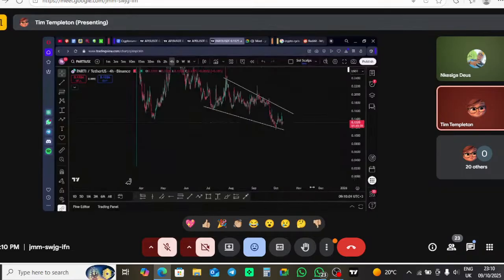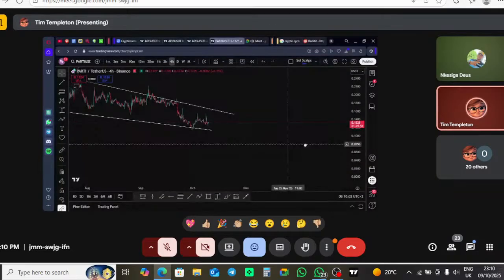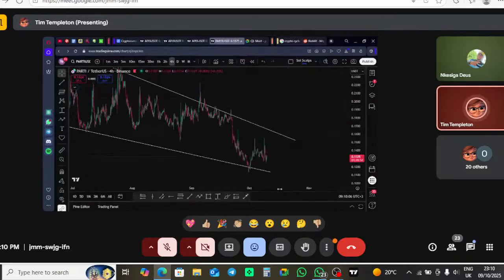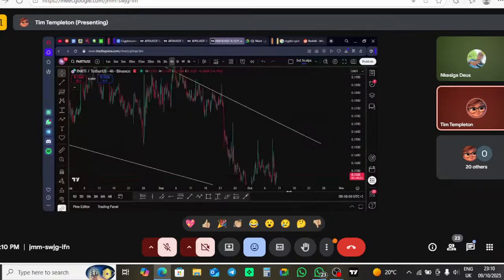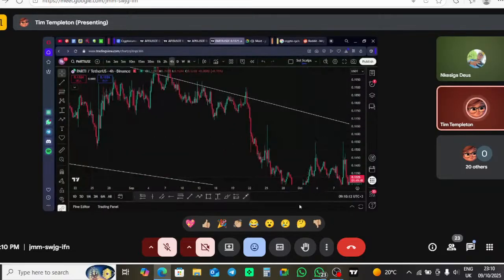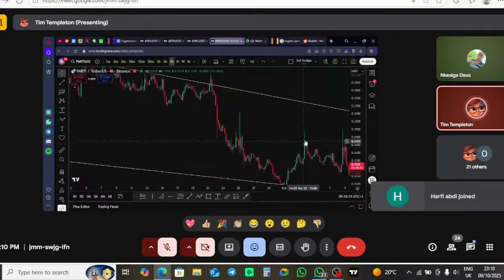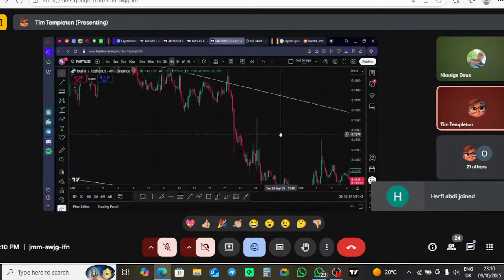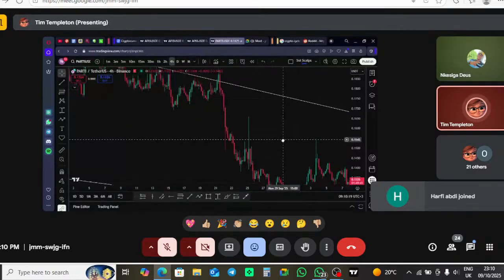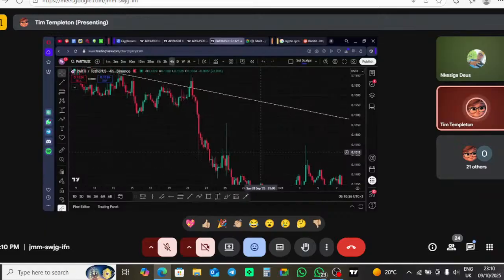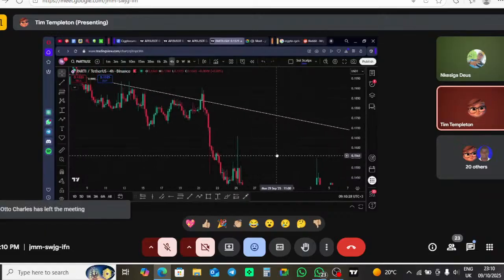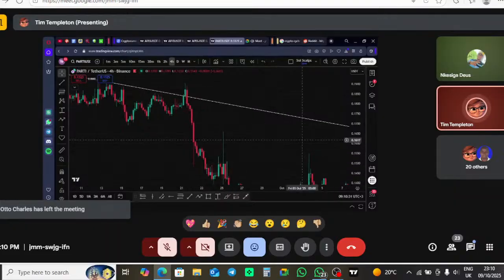However, one thing you need to understand is that in trading terms, what we call an imbalance is basically an area that has not yet been visited by price. That is, when price moves aggressively through a certain range and does not visit that area, it is basically called a price imbalance.